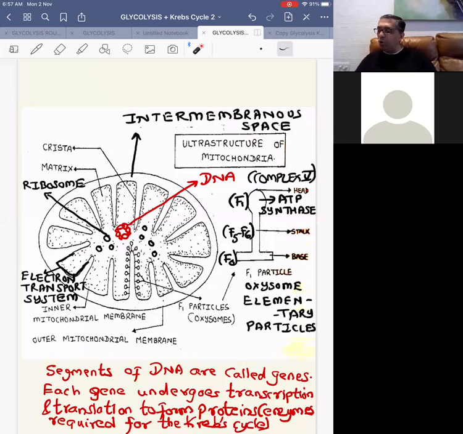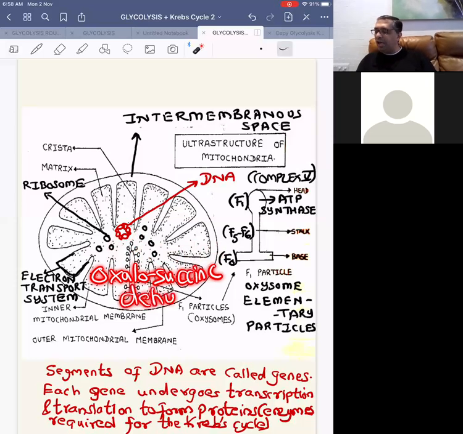So, sir, suppose you have a gene here. It undergoes transcription and translation to form citrate synthetase, which will form citric acid. Some other gene will form an enzyme to form aconitase. Some other gene will form an enzyme which is oxalosuccinic dehydrogenase.